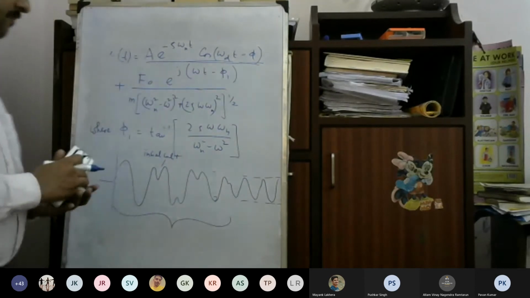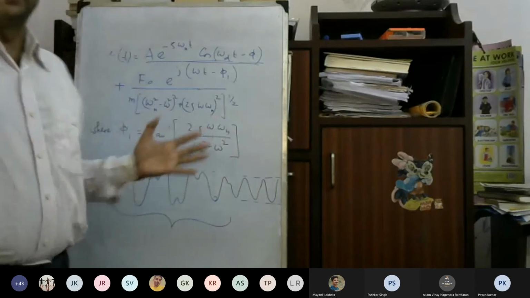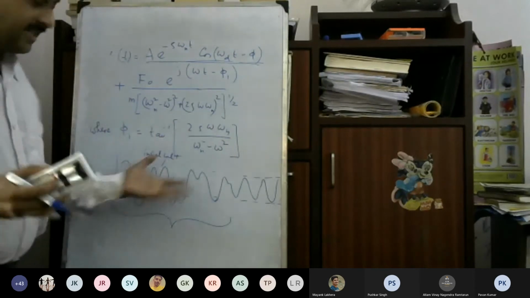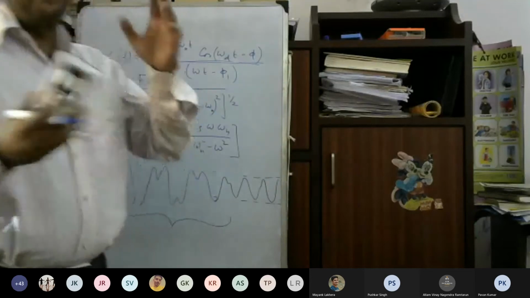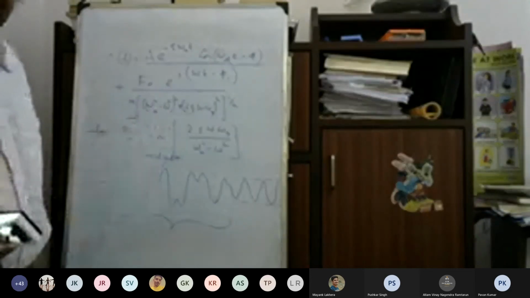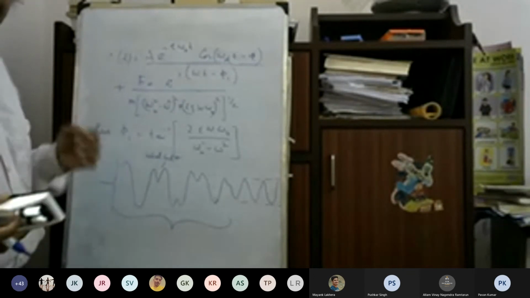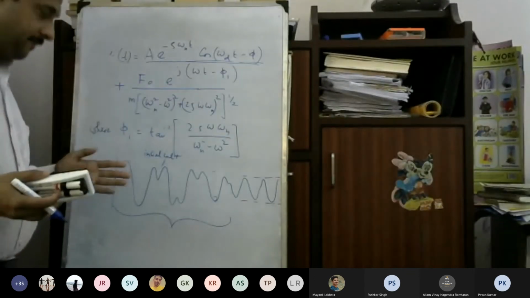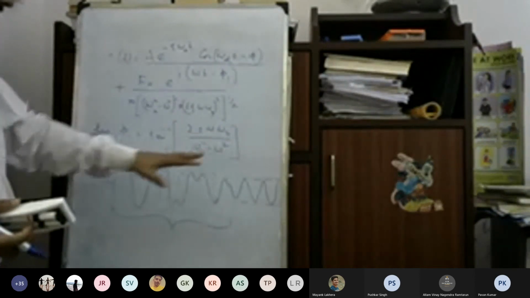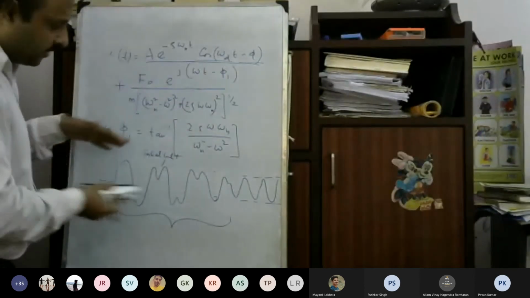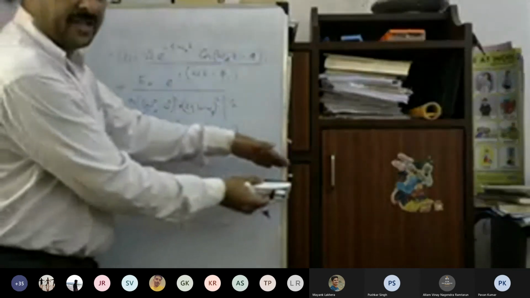So initially you may not see any periodicity, because there are two frequencies which may not be commensurate. If their ratio is not a rational number, then there will not be any single period. So initially there is no periodicity, but finally you will get a periodic response.